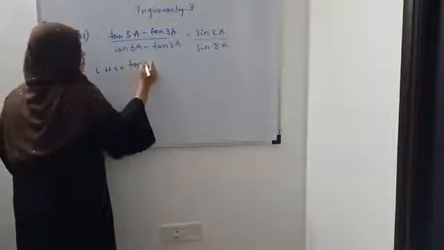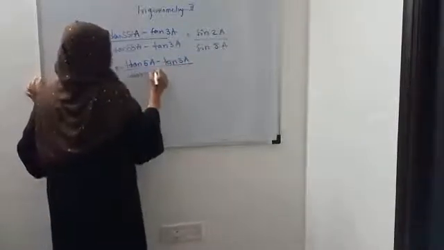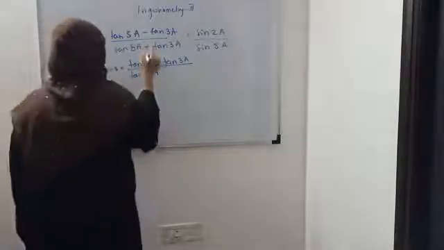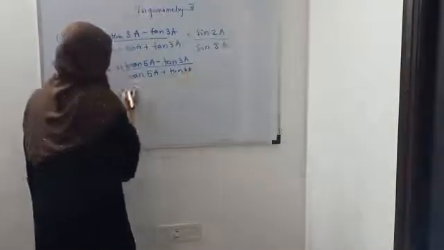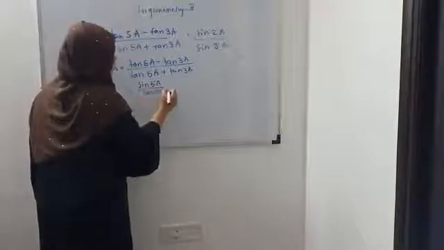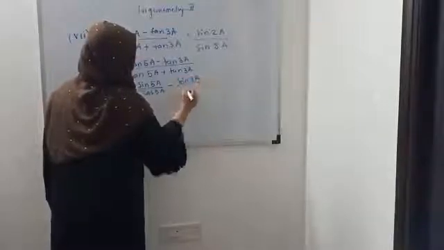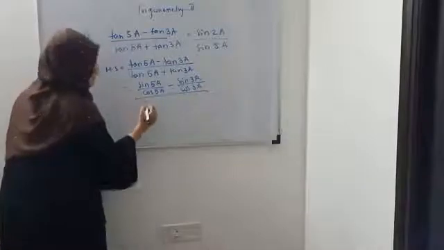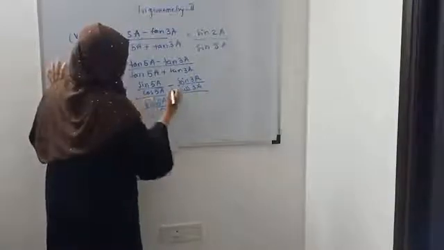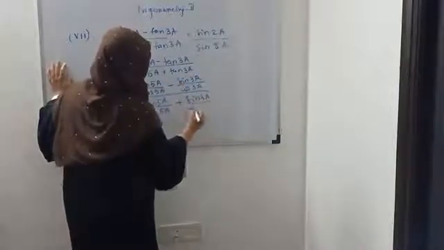LHS is equal to (tan 5a - tan 3a) divided by (tan 5a + tan 3a). tan 5a means sin 5a upon cos 5a, minus tan 3a, which can be written as sin 3a upon cos 3a, divided by sin 5a upon cos 5a plus sin 3a upon cos 3a.